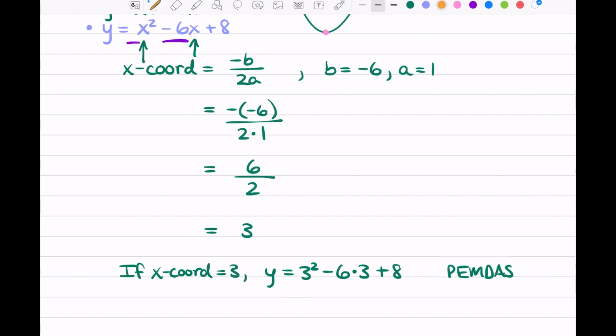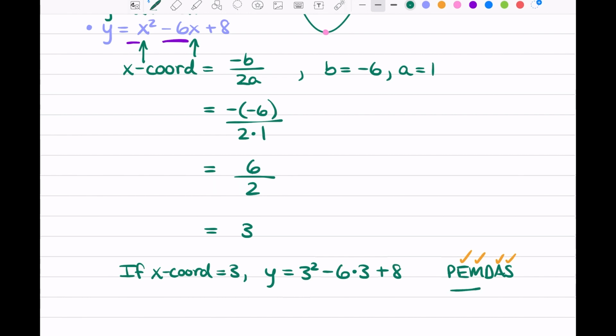We don't have any parentheses. E is for exponent, and we have our squared up there, 3 squared. M is for multiplication, and we have that here. D is for division. We don't have that. A is for addition. We see that plus sign. And S is for subtraction. We have our minus sign.